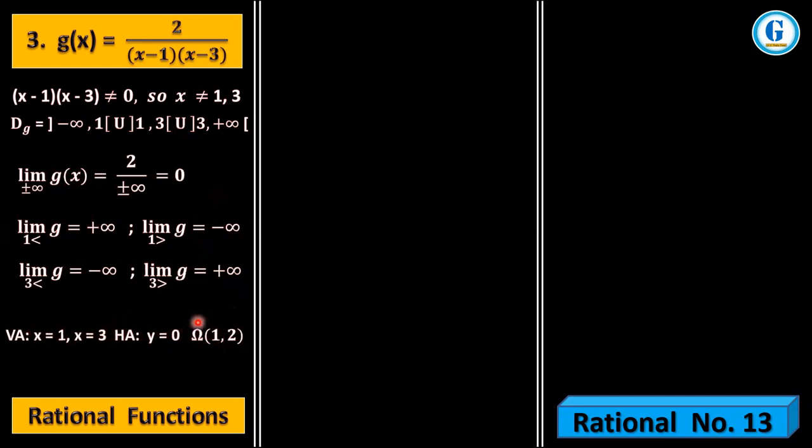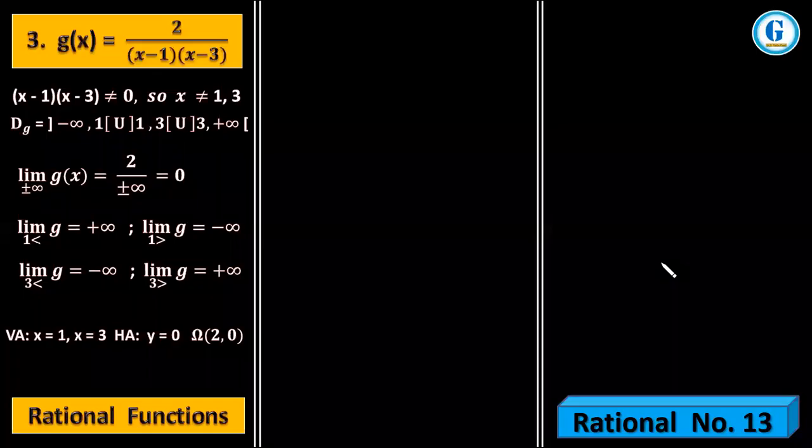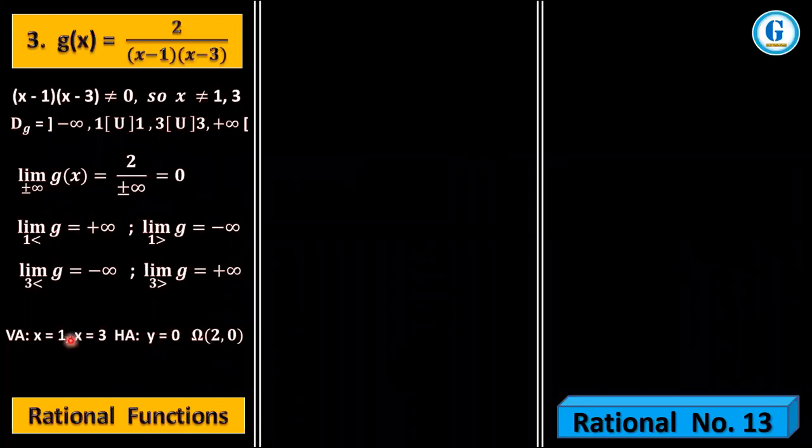So this average gives us x equal to 1 plus 3 divided by 2, which is 2, and we have 0 at this point.